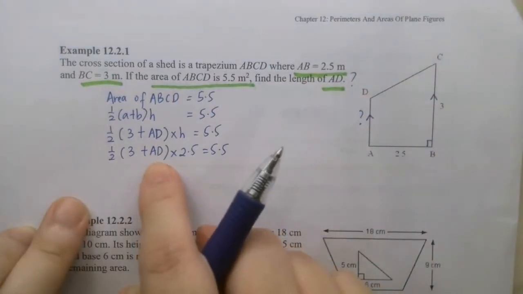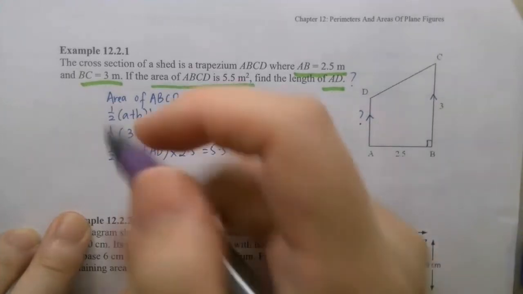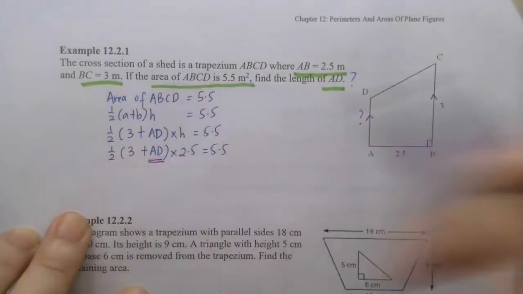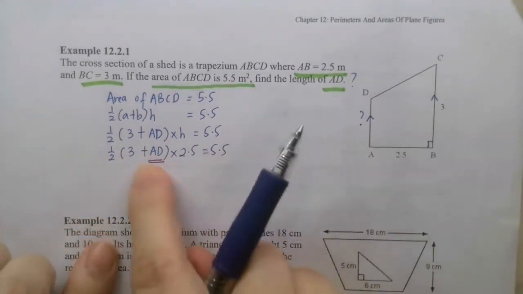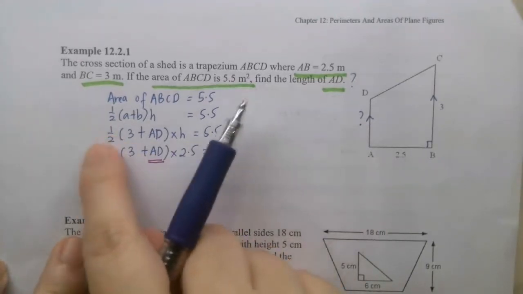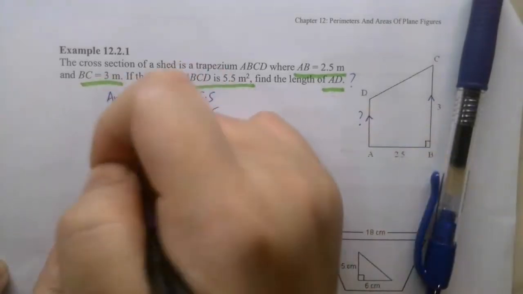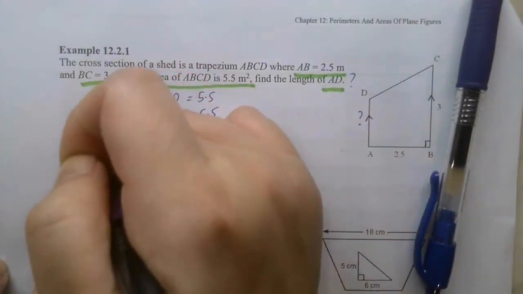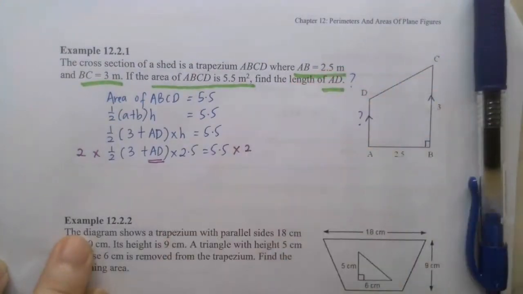So now we only have one unknown, which is AD. This is what we are supposed to find. The next step is just to manipulate the equation to find AD. The first step is to get rid of the half. What must we do? We multiply both sides by 2.